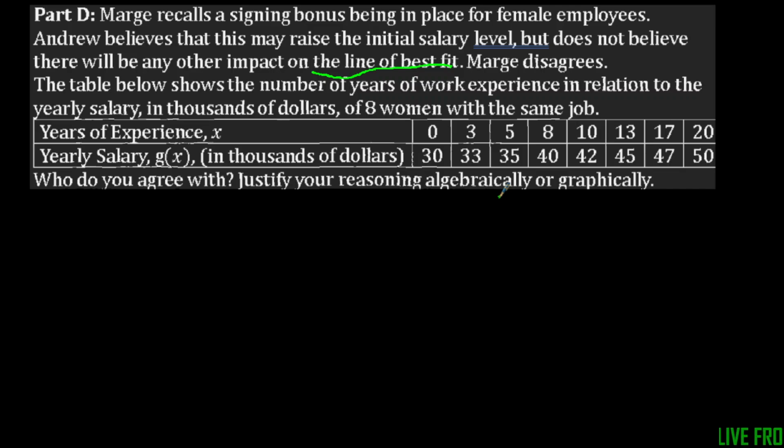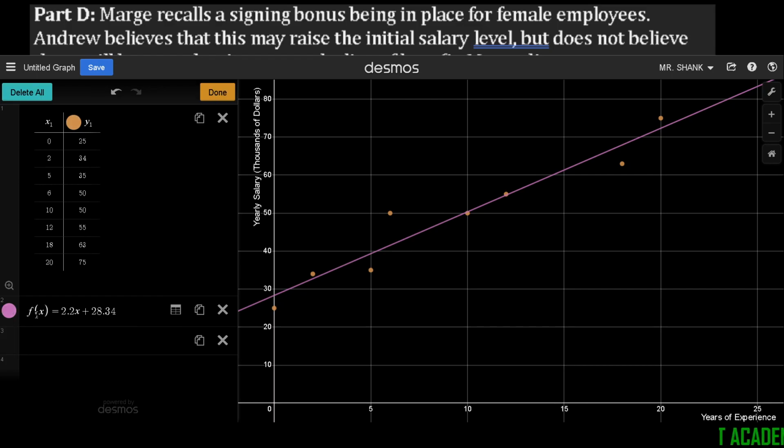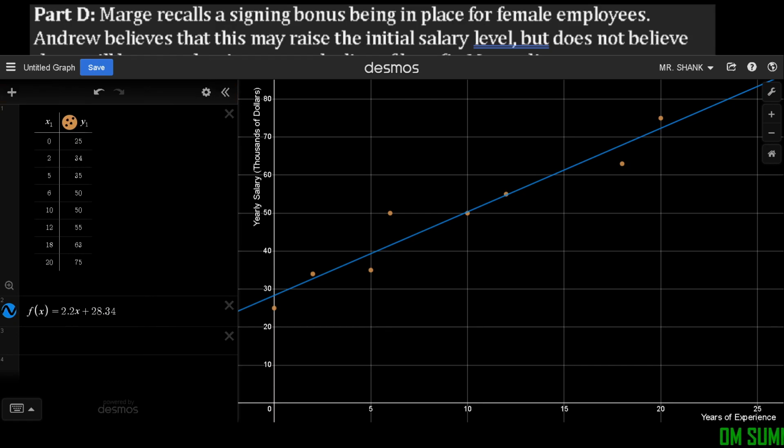So what we're going to do is let me actually pull up Desmos, and I'm going to type in my new table. So I'm going to keep this table here. I have my line of best fit. Let's do a bluish color for the men.